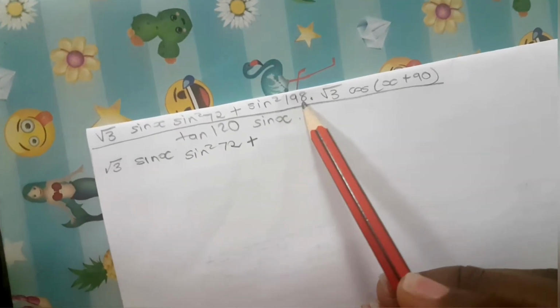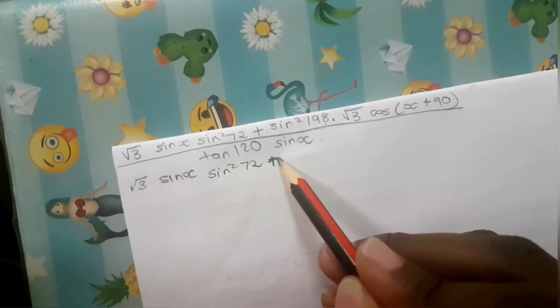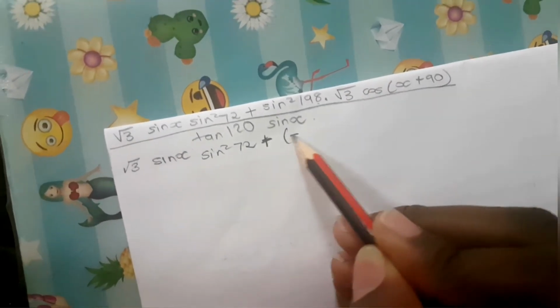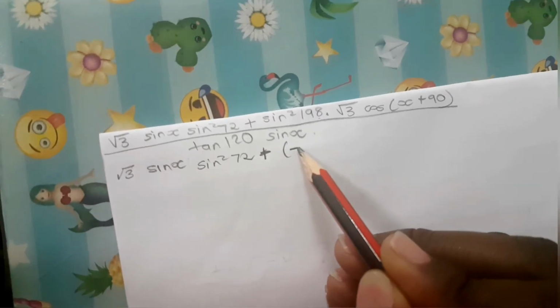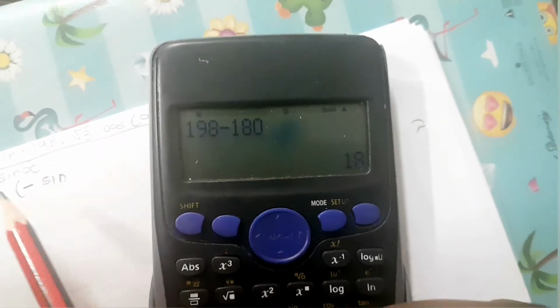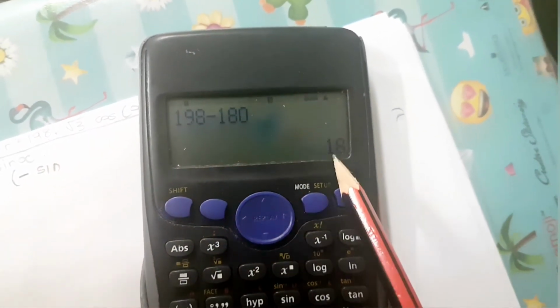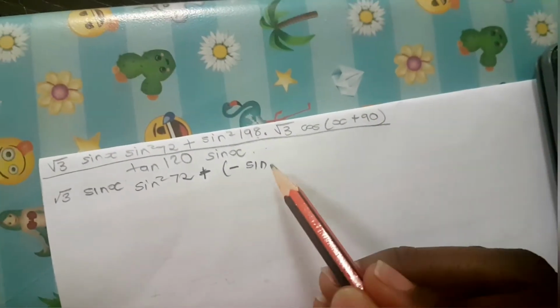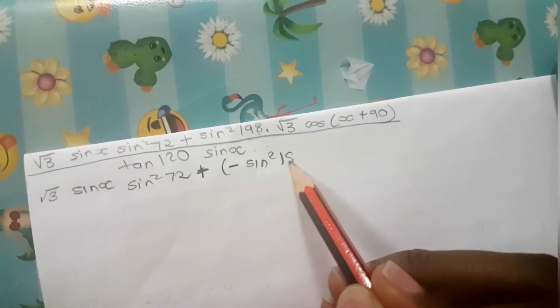But here we have a sin bigger than 180. So that will give you a minus sign, and the variable that you punch in your calculator. You take the 198 that you are given minus the 180, that gives you 18. So now you have minus sine squared 18.